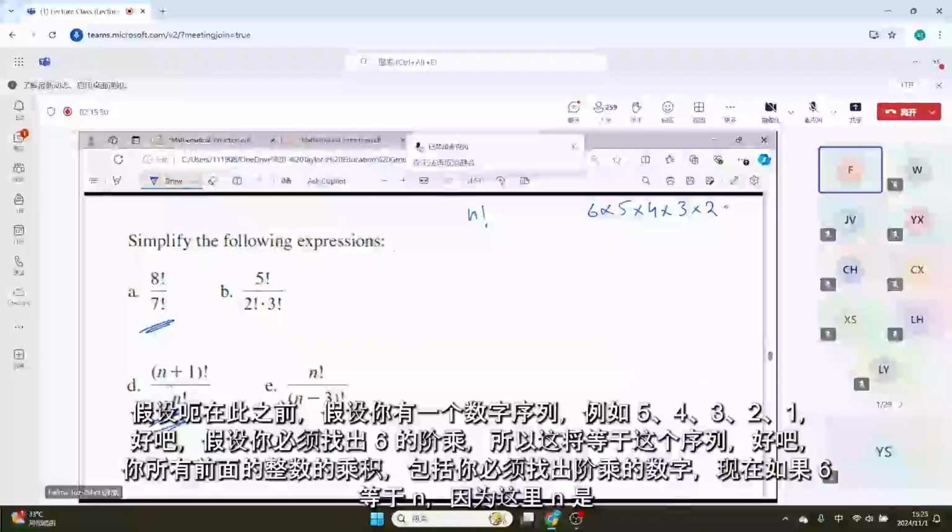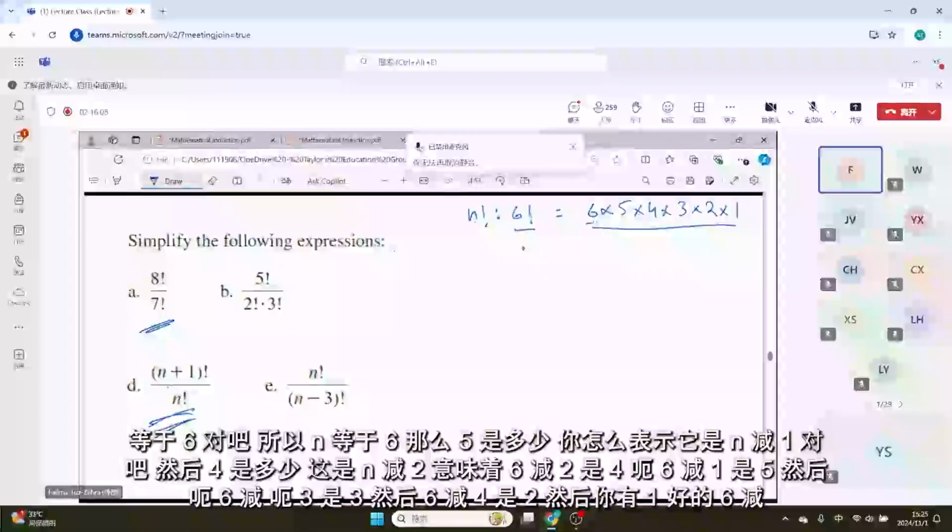When we have to find the factorial of 6, this will be equal to this sequence: the product of all the preceding integers, including the number for which you have to find the factorial. Now, here n is equal to 6, so what is 5? How can you represent it? This is n minus 1. And then what is 4?